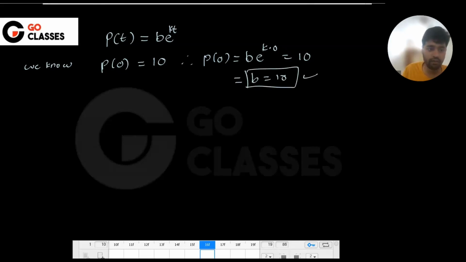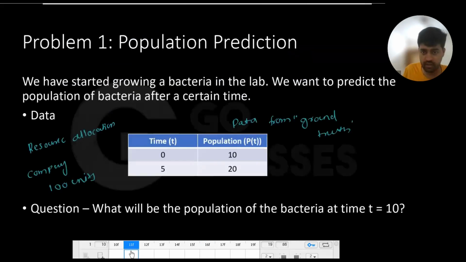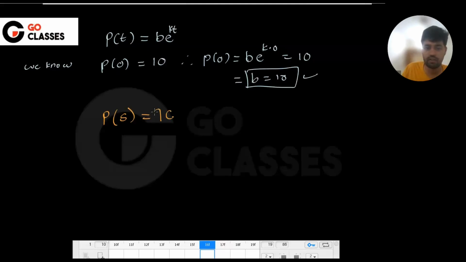Right. Then I will solve for the second parameter. We have the second point as well. Let me see the data again. It's 20, right? Sorry about that. So it's 20. Again, we use the same formula, but now we know the value of B, right?